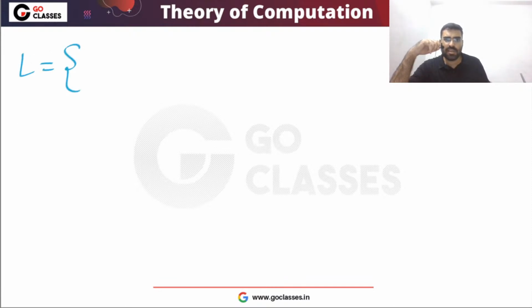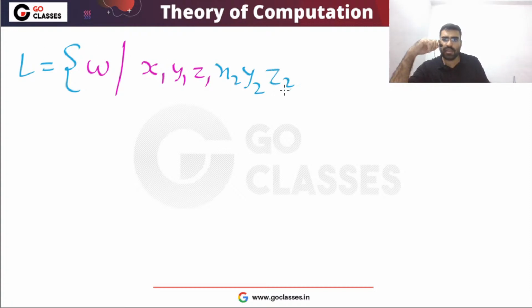See, what we have seen, this language is regular, right? This we have already seen: W such that x1, y1, z1, x2, y2, z2, x3, y3, z3, and so on, xn, yn, zn.